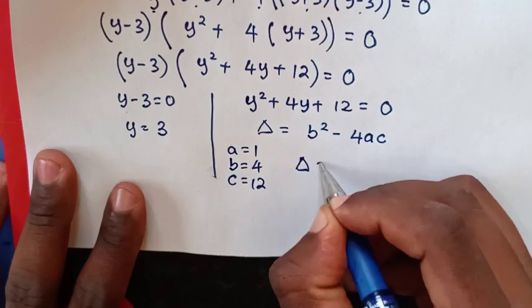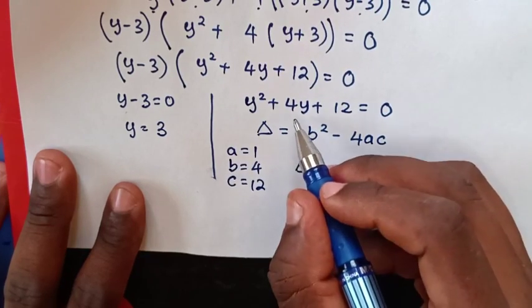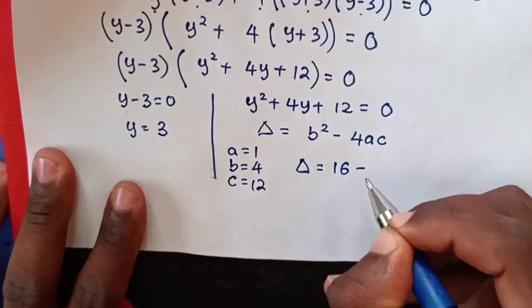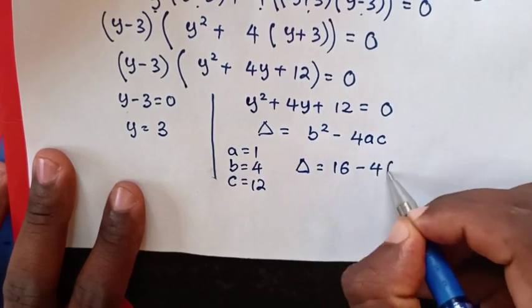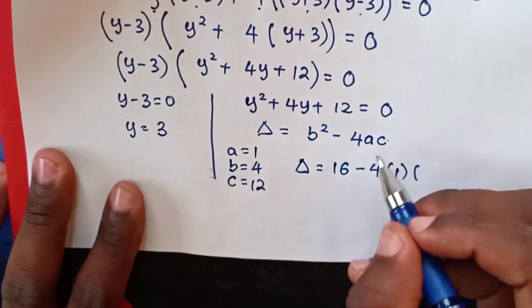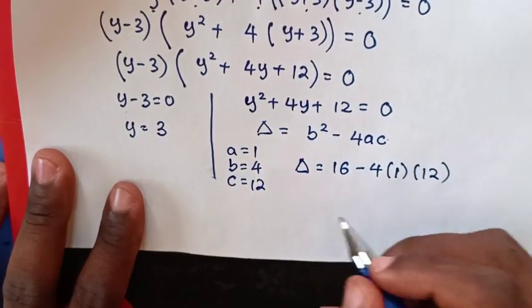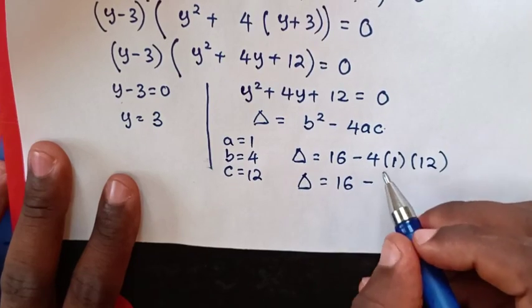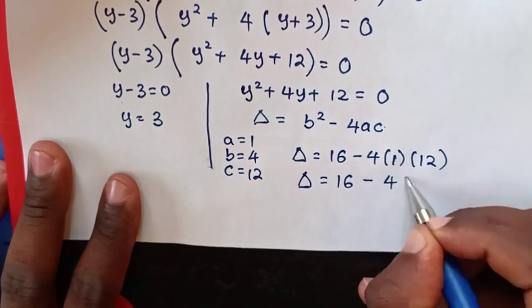So the discriminant is equal to b², which is 4² = 16, minus 4 times a is 1 times c is 12. Then the discriminant is equal to 16 minus 4 times 12, which is 48.